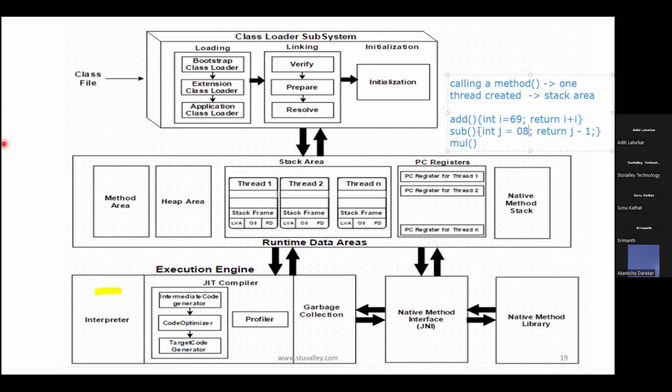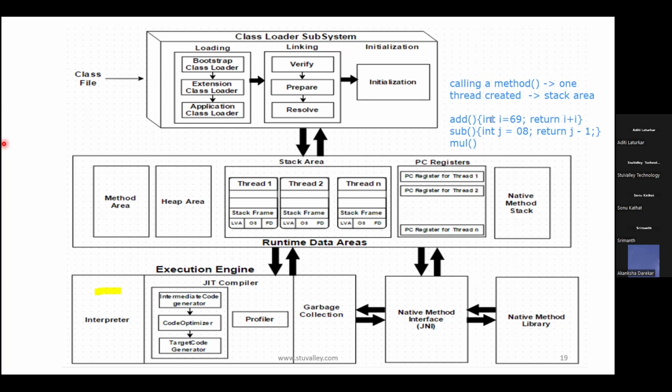Okay, so for the subtraction call, another thread gets created, another memory gets allocated, where the local variable gets stored here in the associated local variable array, in whatever memory was allocated for it. Then the operand is again stored in the operand stack, and the return value, if this method is returning something, gets stored here in the frame data.